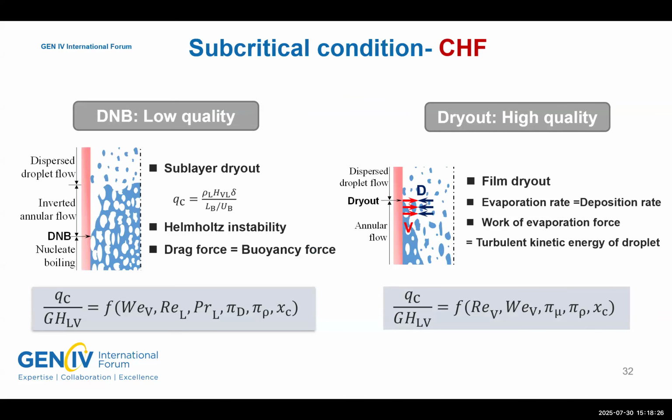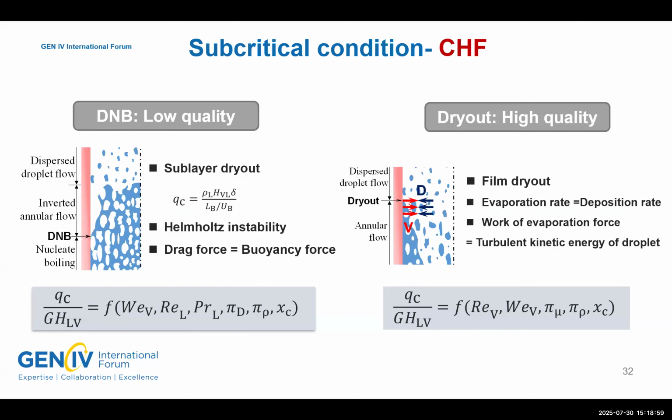And we work to identify the key dimensionless parameters, and we carry out this for the DNB and the dryout respectively. For the DNB, we assume the boiling crisis occurs when the liquid sublayer is dried out, and we use the sublayer model with Helmholtz instabilities, the drag force and the buoyancy force, and we developed the DNB correlation.